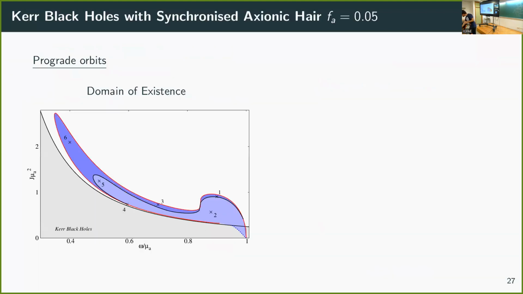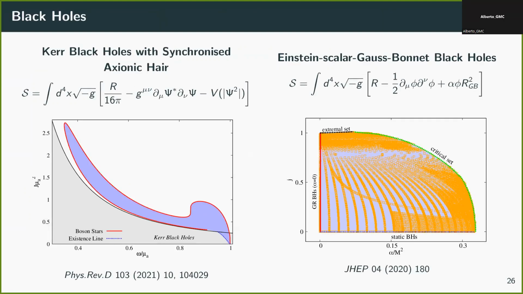Now, regarding the first solution, the Kerr black holes with synchronized axionic hair, I show you here the domain of existence. I'm sorry, can I ask a question? Yes. What do you mean by synchronized? It's that the frequency of the scalar field and the horizon angular velocity of the black hole are the same. There is a synchronization in order to have a stationary hairy solution.